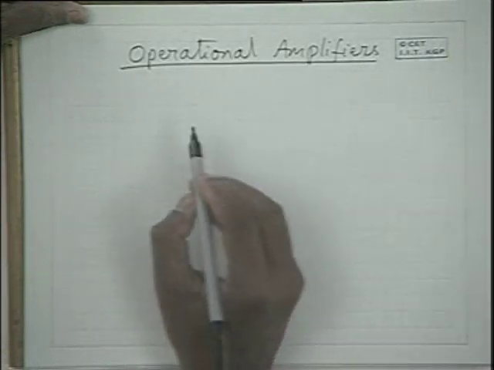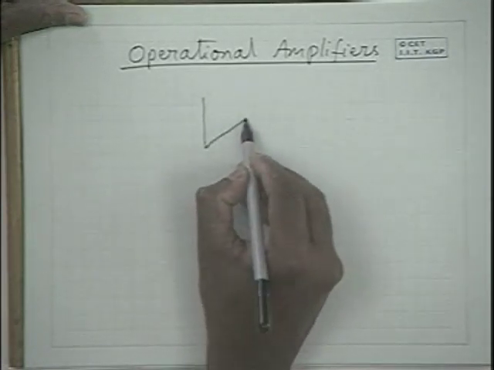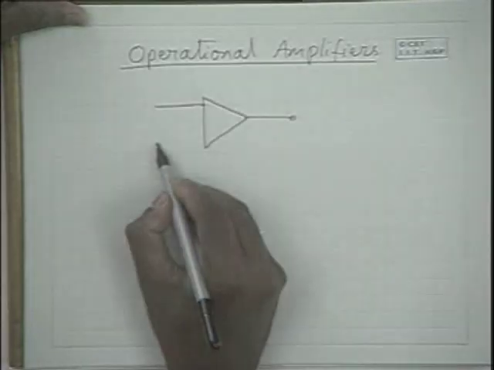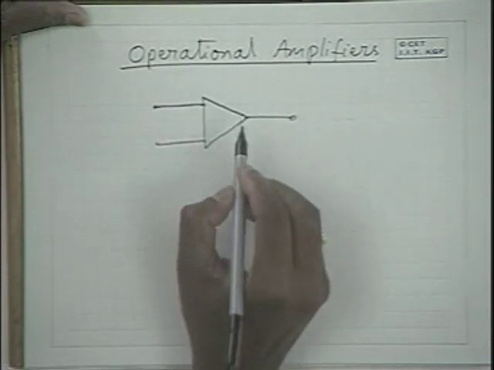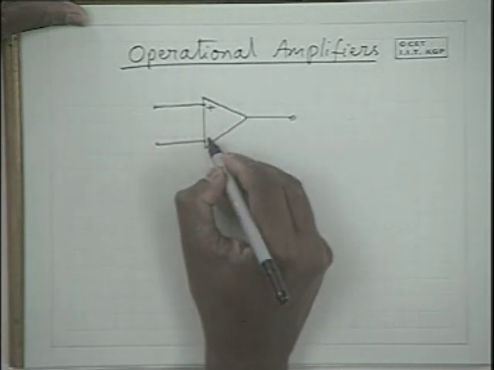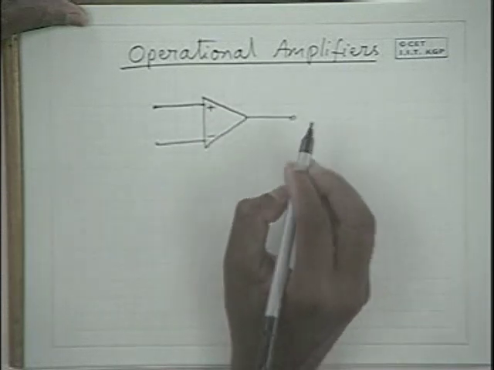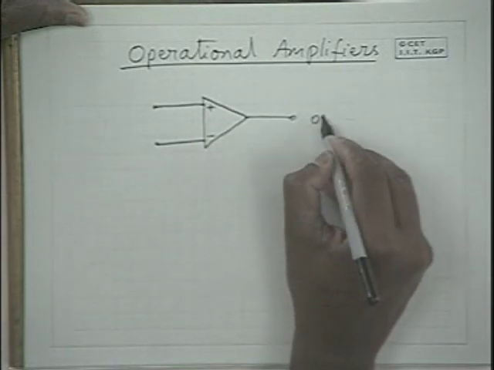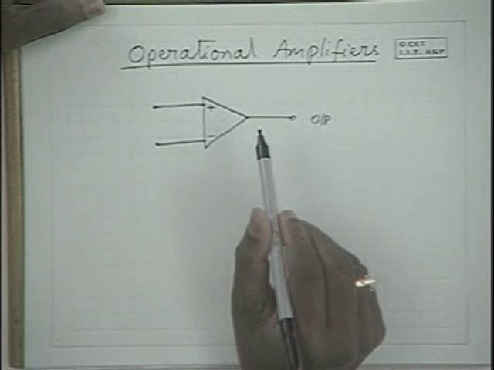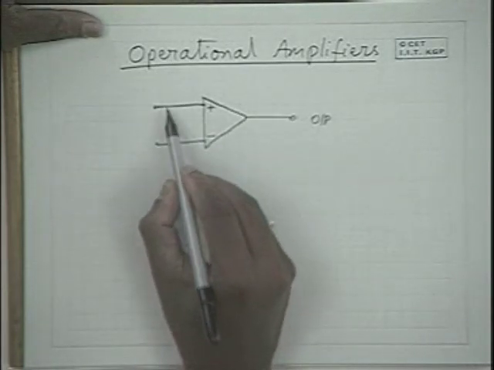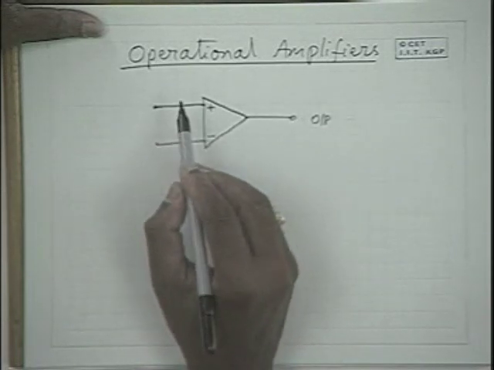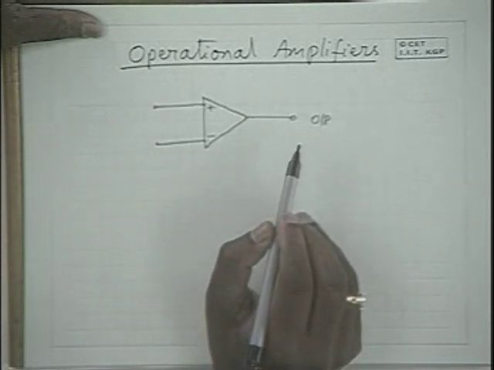An operational amplifier is basically a difference amplifier with a single output, and the symbol for an operational amplifier is as given here. So this is a non-inverting input and this is an inverting input, and you have one output terminal here. It is a differential amplifier to start with because it has two inputs and it amplifies the differential signal between both the input points.